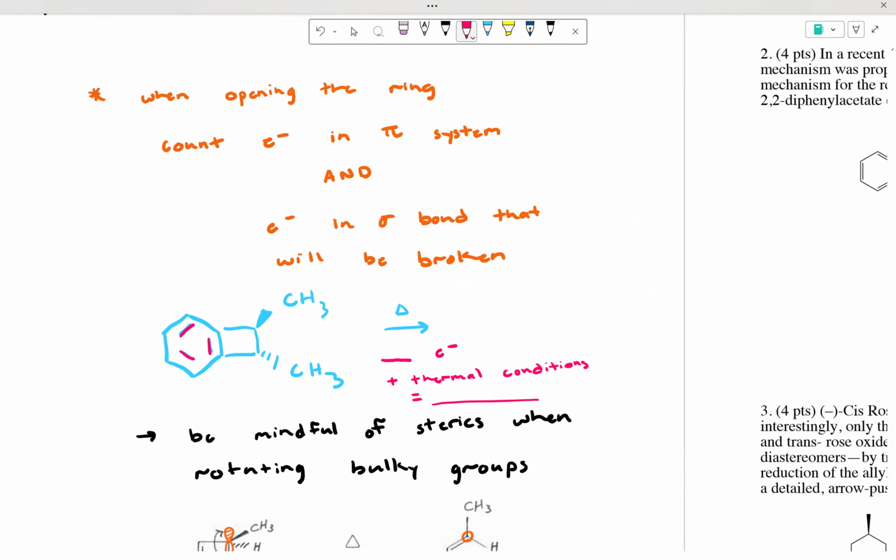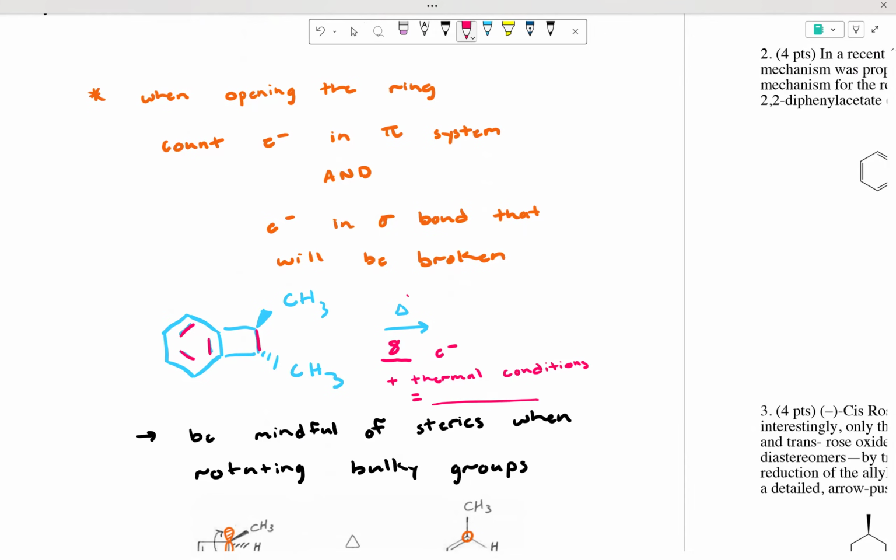And the sigma bond that's going to be broken here, I believe is this one. So that means we have 3 pi bonds and 1 sigma bond, and that means we're going to have a total of 8 electrons.